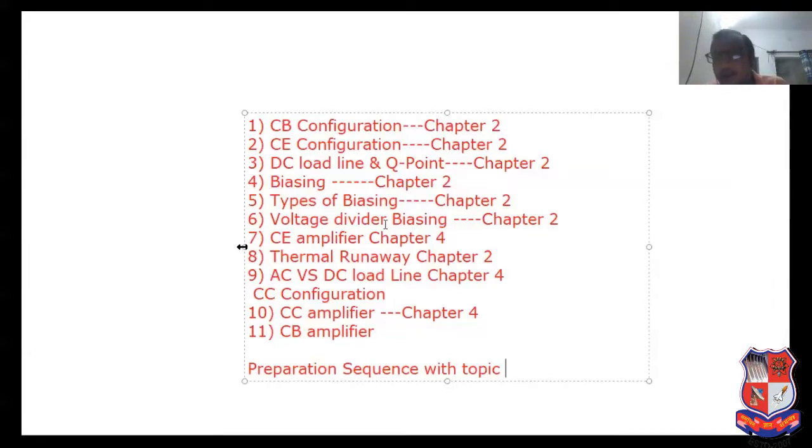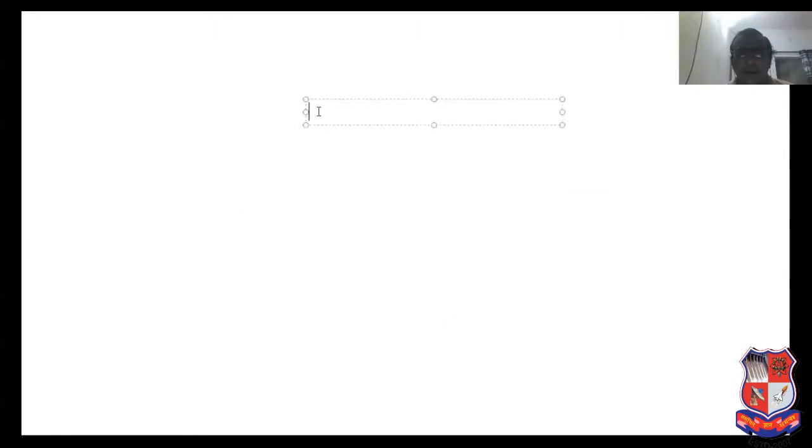This is the correct preparation sequence of the topics mentioned here, so please prepare very carefully. Now we switch over to the first topic, which is common base configuration.